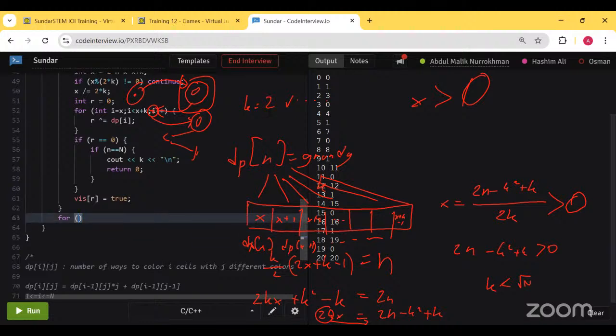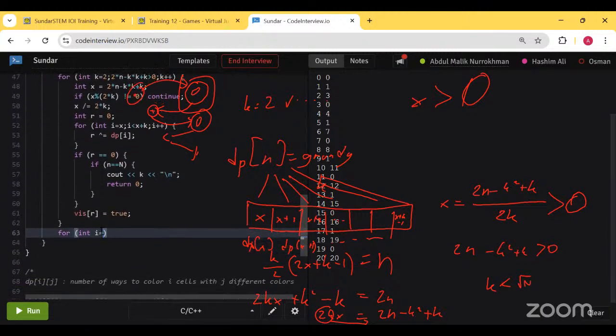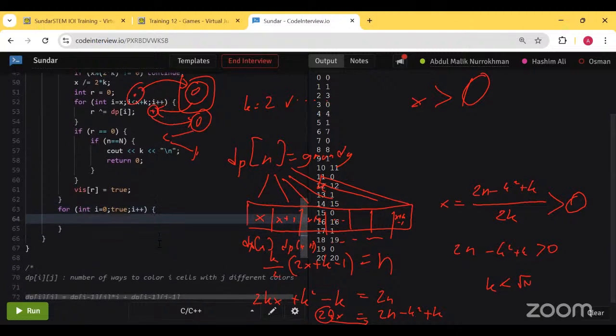After that, we will find the mex using this. Start from 0 and just repeat until it is not visited.